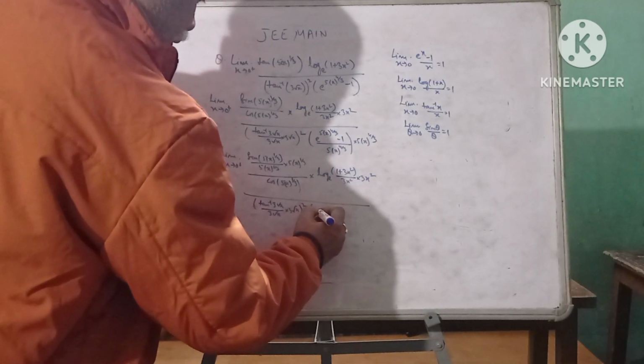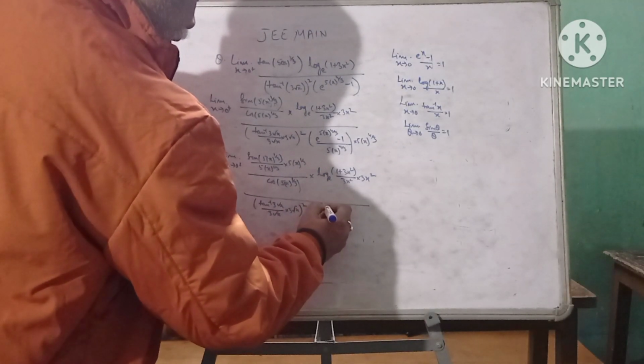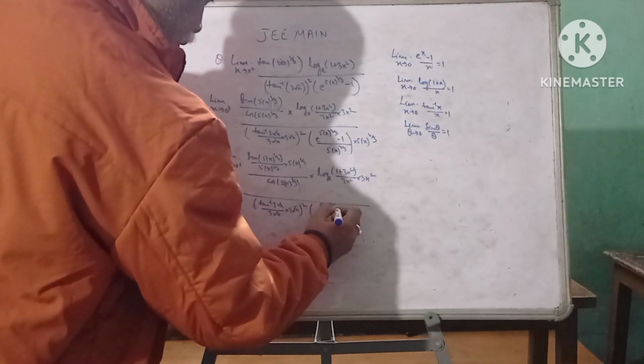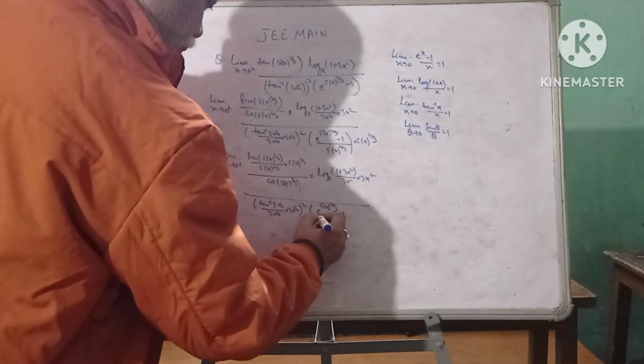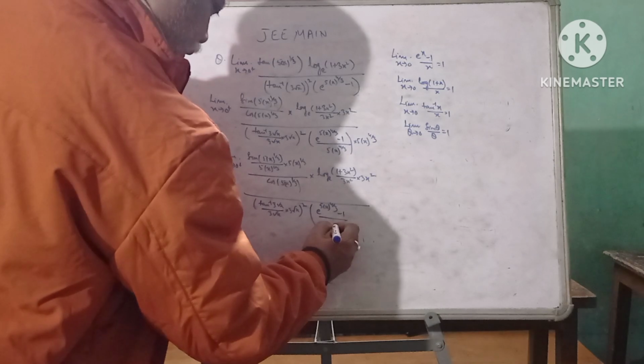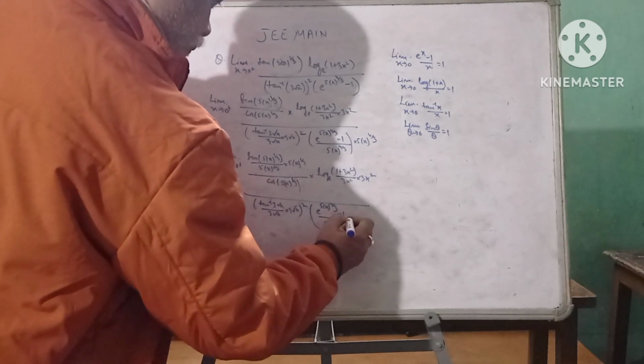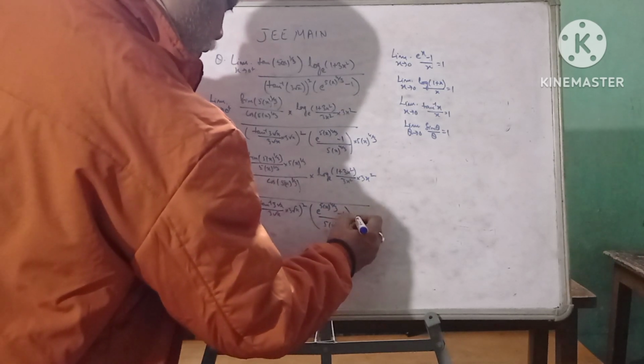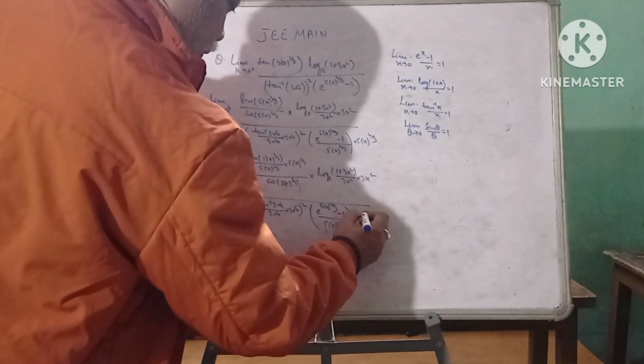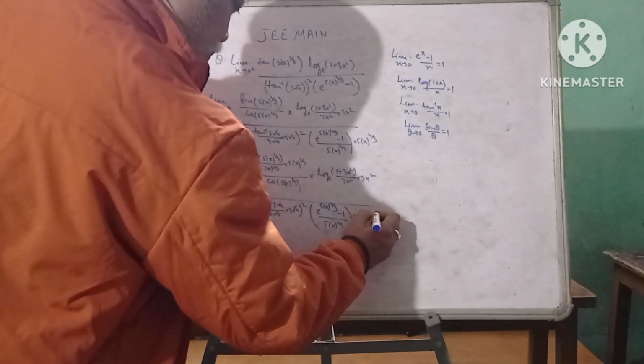Here again e to the power of 5x to the power of 4 by 3 minus 1 by 5x to the power of 4 by 3, and again here 5x to the power of 4 by 3.